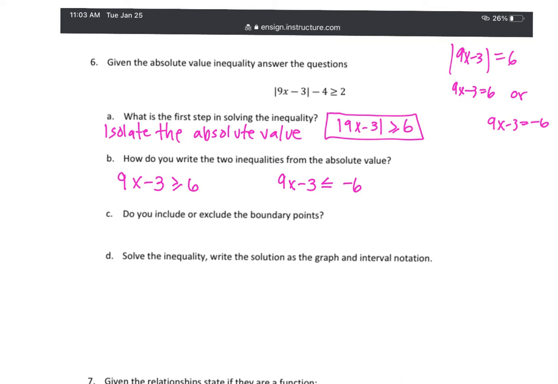In this case, we will include the boundary points, so those boundary points are inclusive, because we have a greater than or equal to or less than or equal to.